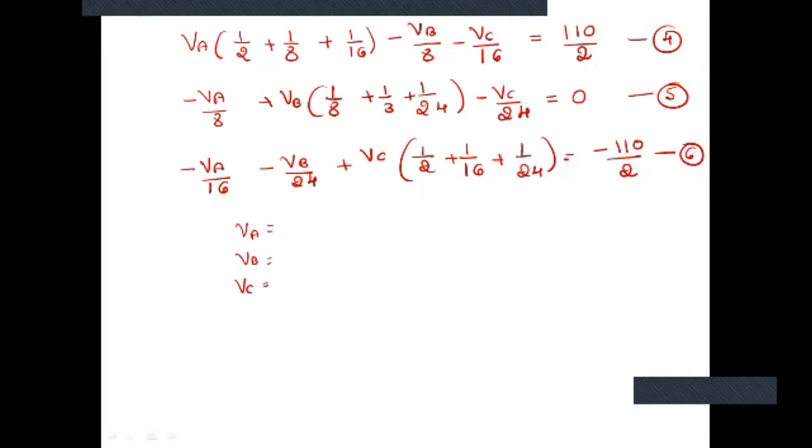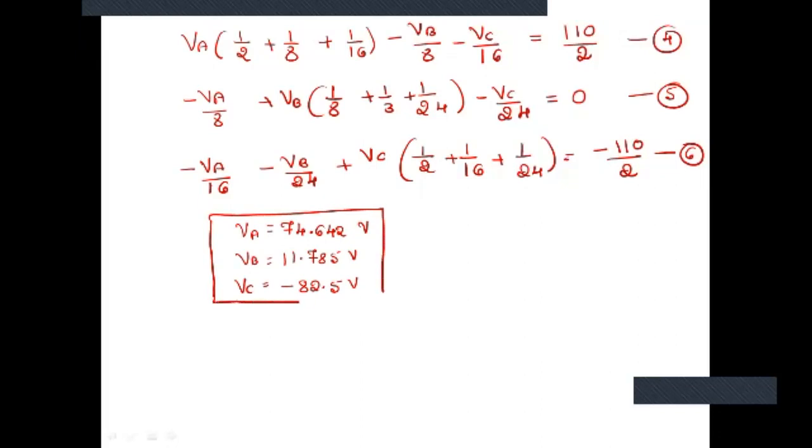Let me write the values. VA we got as 74.642 volts, VB as 11.785 volts, VC as minus 82.5 volts. So these are the voltages at the nodes.